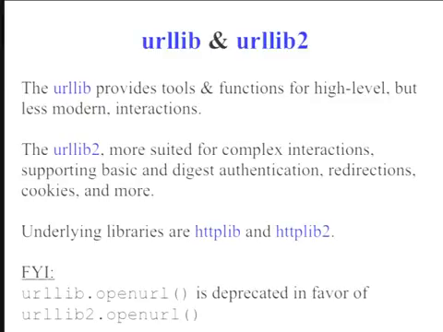It was written with not as high functionality as urllib2, which is better for more complex interactions and can handle authentication, cookies, and some more higher level things. I'll talk about authentication, not so much cookies, in the examples in the notebooks. And they basically make calls to httplib. They import those modules within them.